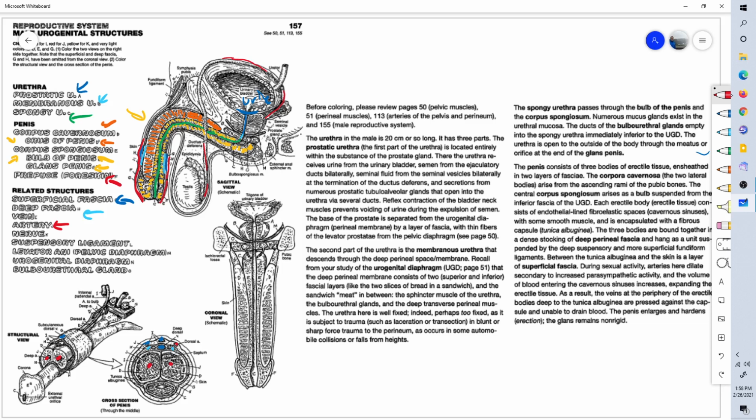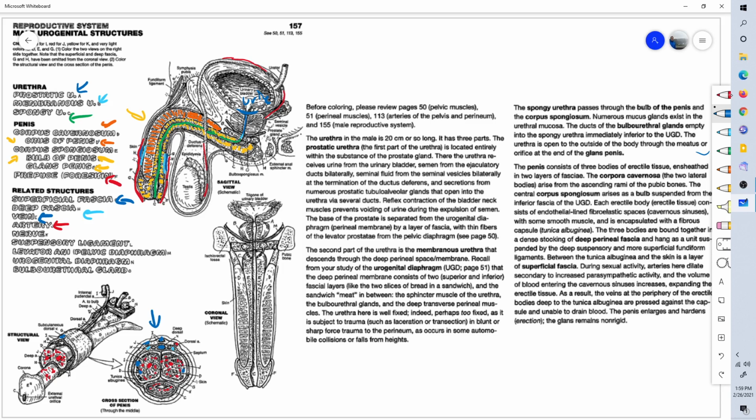But as the corpus cavernosum and the corpus spongiosum fill completely with blood, the veins inside here become compressed, because the parasympathetic nervous system dilated these blood vessels and said it's time to engorge the penis with blood.